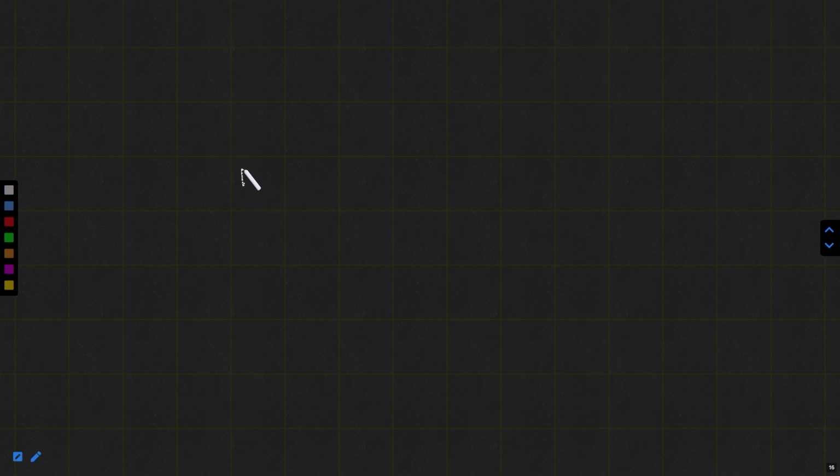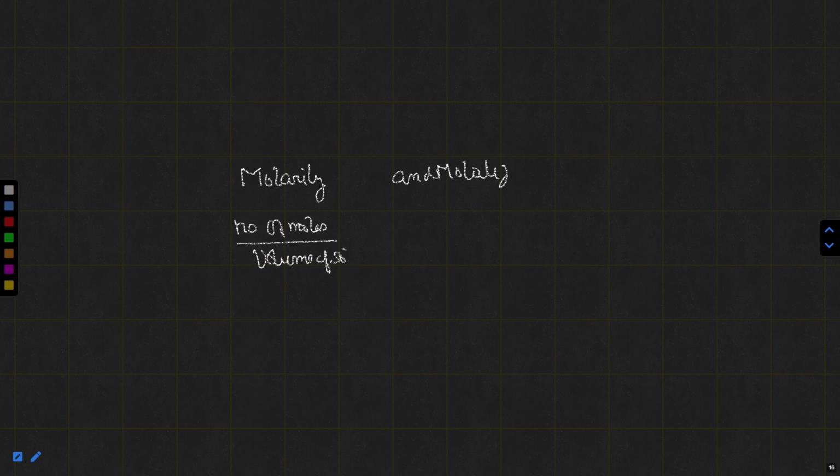So the difference between molarity and molality: molarity is number of moles by volume of solution, whereas molality is number of moles in mass of solvent.